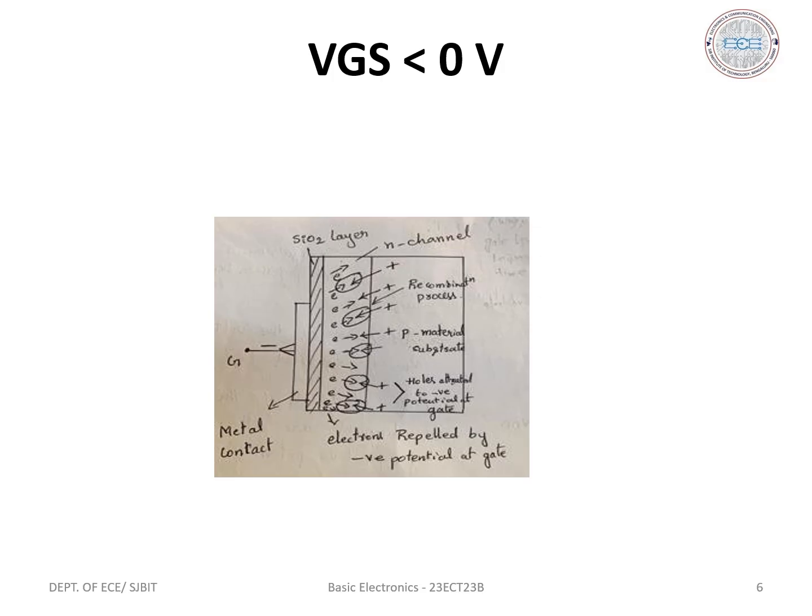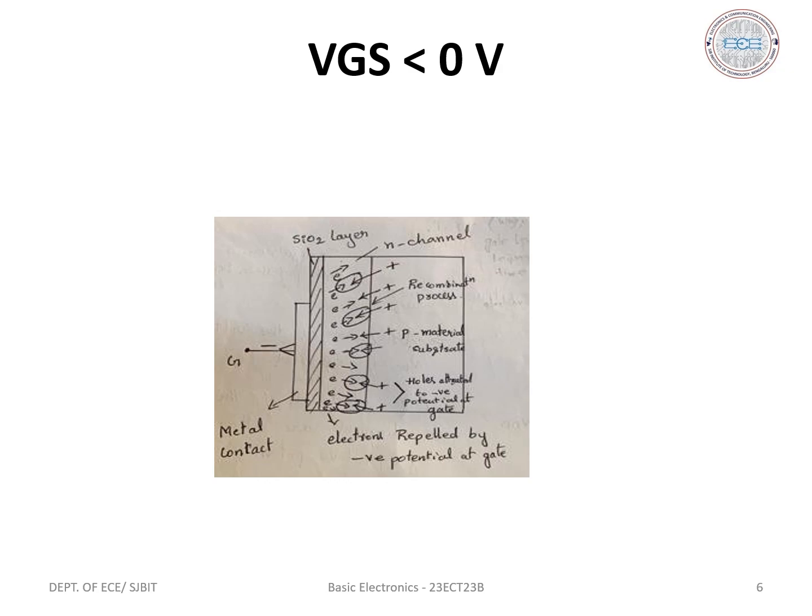At the same time, holes in the P substrate will also get attracted towards the electrons here. So in short, during the negative voltage at the gate terminal, the electrons will recombine with the holes, and the rate of recombination will depend on the applied negative voltage here.